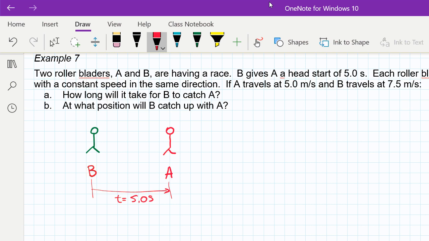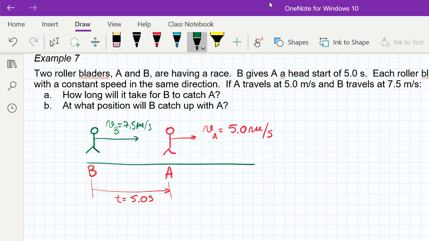And then A is traveling with average speed VA of 5.0 meters per second, while VB is able to travel with a speed of 7.5 meters per second. So they are traveling in this direction, let's suppose.